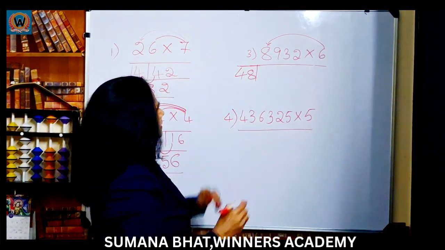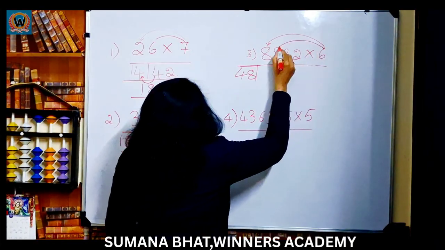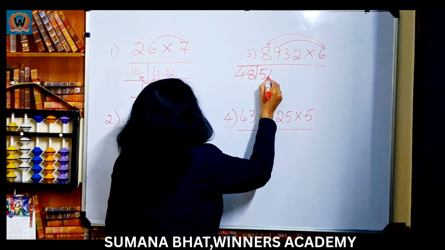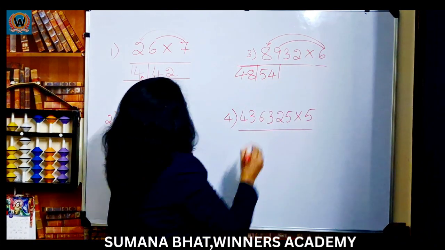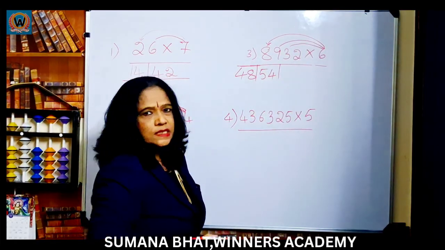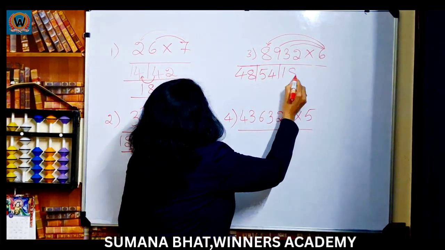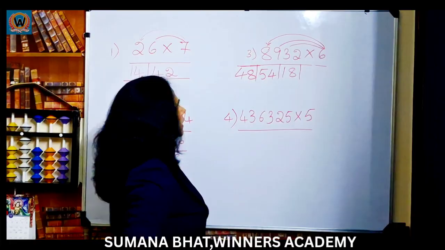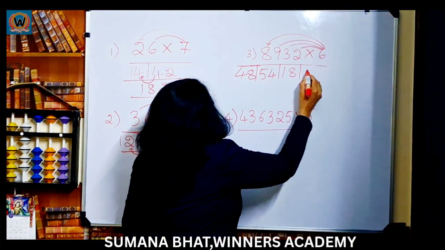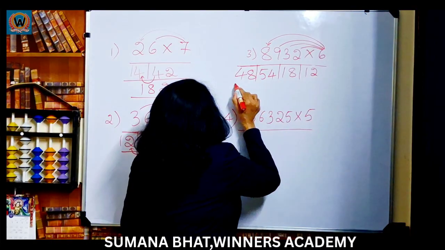Then 6 into 9. 6 9s are 54. Draw a line. Then take the next number. 6 into 3. 6 3s are 18. Draw a line. And then the last number, 6 into 2. 6 2s are 12. Draw the line.